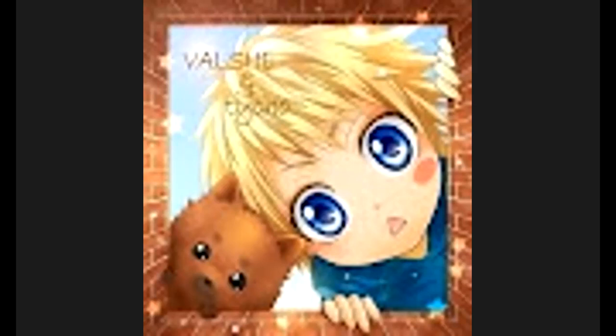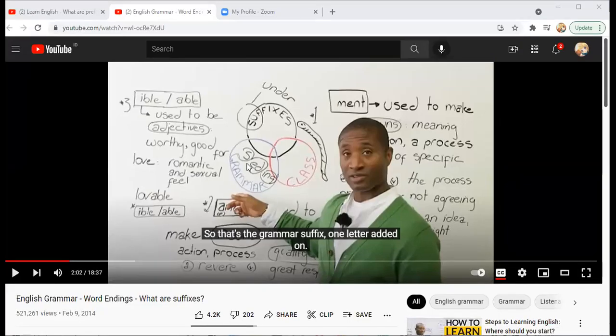Let me show you this grammar suffix, see, s, ed, and ing. Ini kan grammar suffix ya. S itu kalau misalnya ada di verb, for example, text, okay.